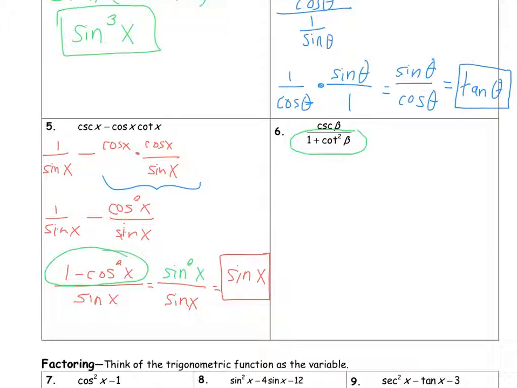Sure enough, cosecant squared. So on top I still have my cosecant of beta. On the bottom, that is actually equal to cosecant squared of beta. Cosecant beta divided by cosecant squared beta leaves me with 1 over cosecant beta.